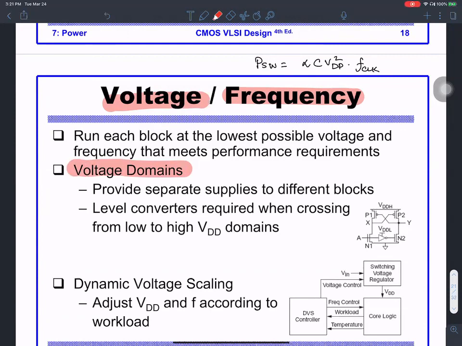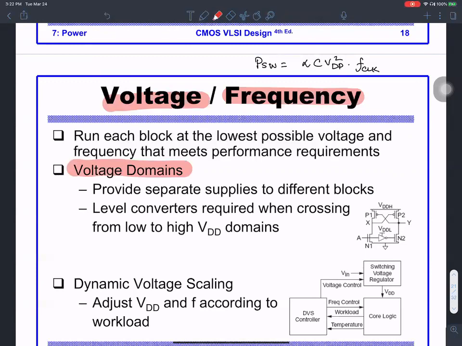If there is a part of the switch that needs a lower voltage, I operate it at a lower voltage. If a certain part of the chip needs to respond very quickly, with a high rate of operation, I operate that at a higher voltage.